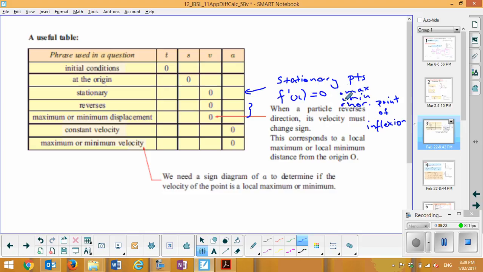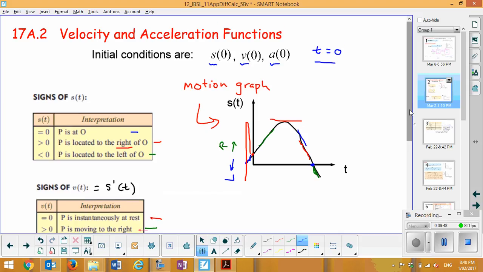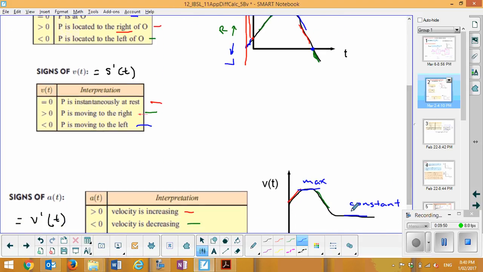Okay, so when a particle reverses, changes direction, its velocity must change sign. That makes sense. Corresponds to a local maximum or minimum. Remember, it's only a local. It's not necessarily a global. When do we have 0 acceleration? 0 acceleration happens when we have that horizontal tangent on our velocity graph, and that's what we were looking at over here. 2 scenarios.